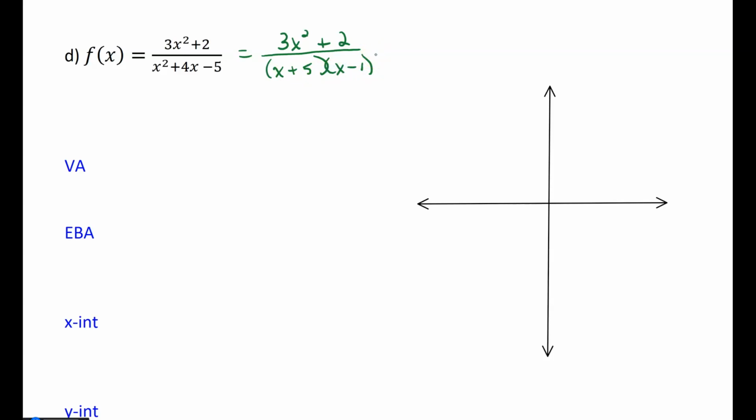So nothing simplifies here, but I can see my vertical asymptotes at x equals negative 5 and 1. So 2 vertical asymptotes, so 1, 2, 3, 4, 5 in the negative direction. I'll sketch that in. And 1 here.